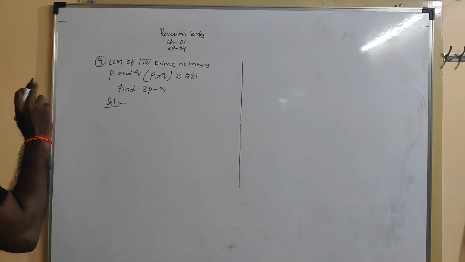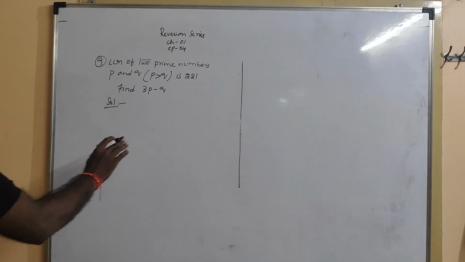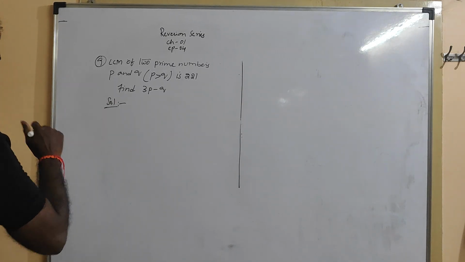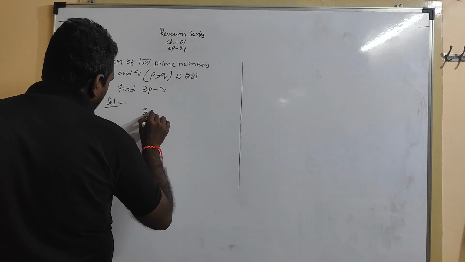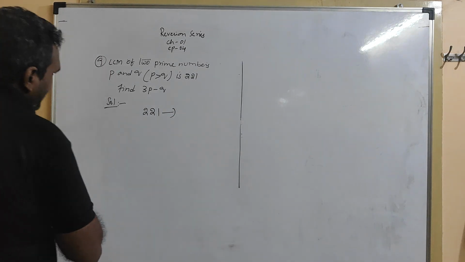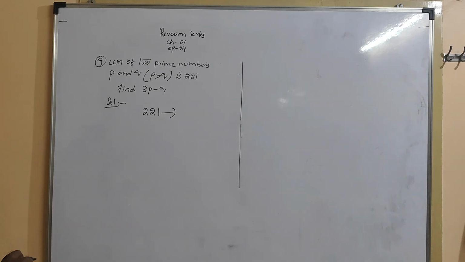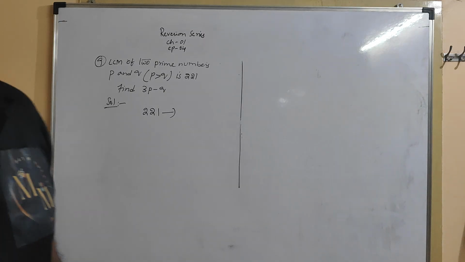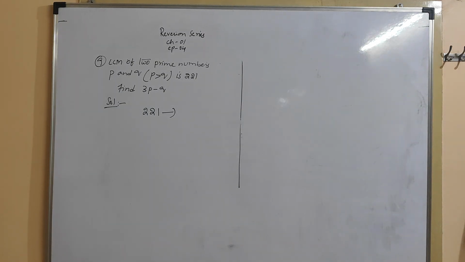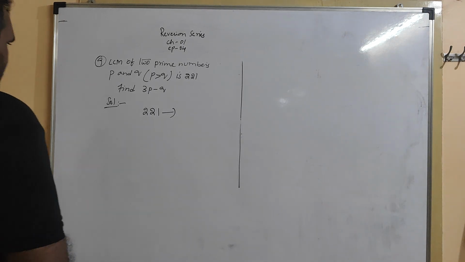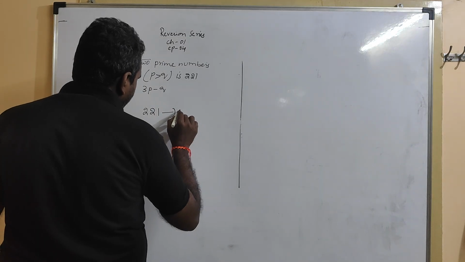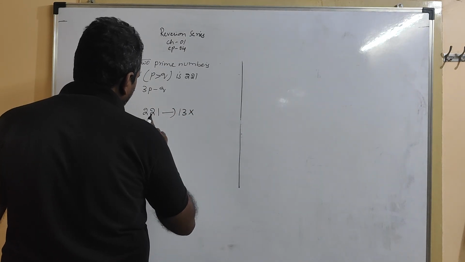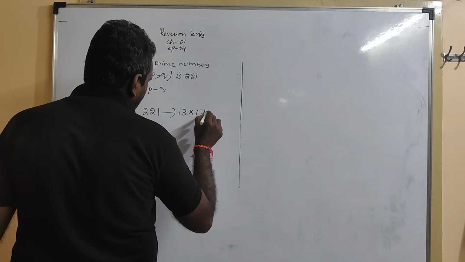See, LCM of two prime numbers is 221. Find 3p minus q is the question. How to write 221 in prime factorization? 221, if you see, 2 table it won't go, 3 table it won't go, 7 table it won't go, 11 table it won't go, 13 table it will go. 13 ones are 13, 13 sevens are 91.